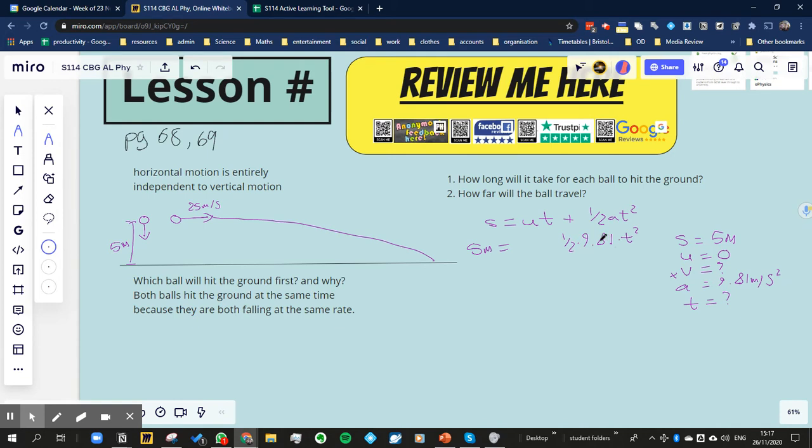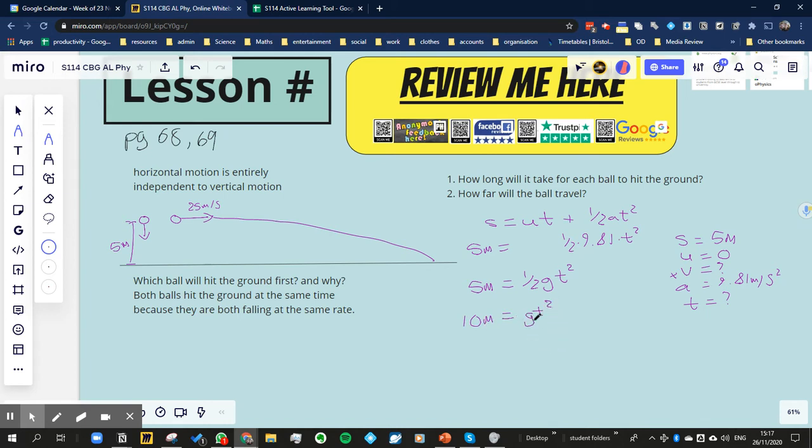Often what you want to do, to be honest with you, is write 9.81 as g. So 5 meters is equal to half g, because g is the strength of gravity, t squared. The next thing I'm going to do is multiply both sides by 2. And so I've got 10 meters is equal to g t squared.